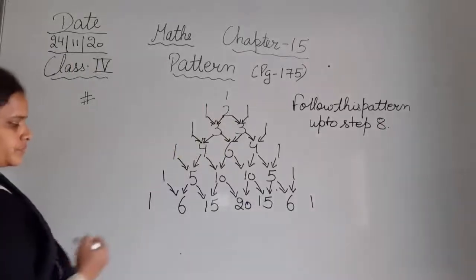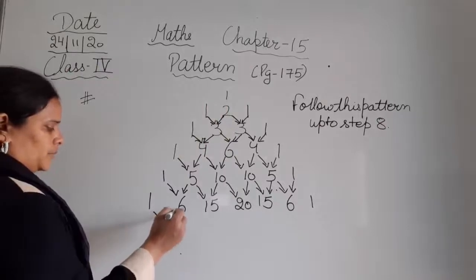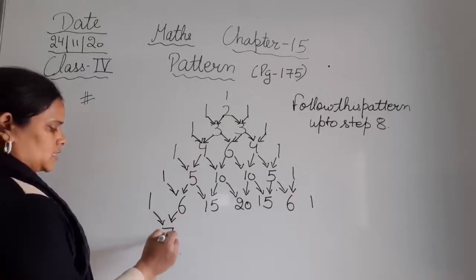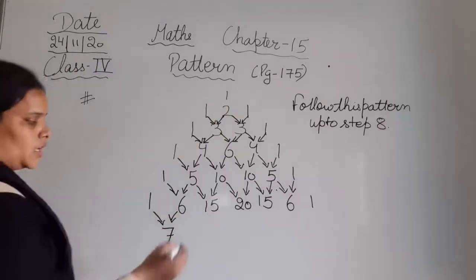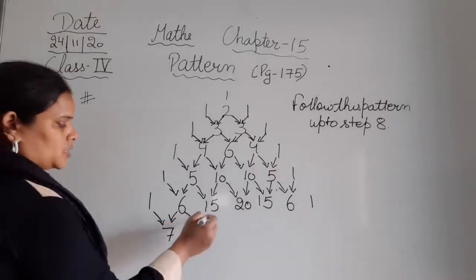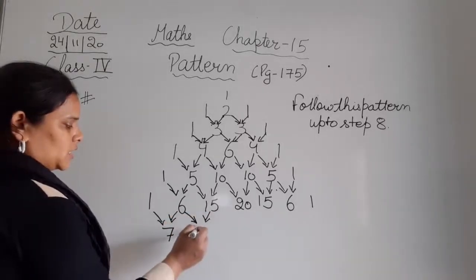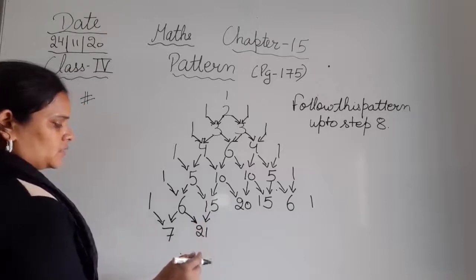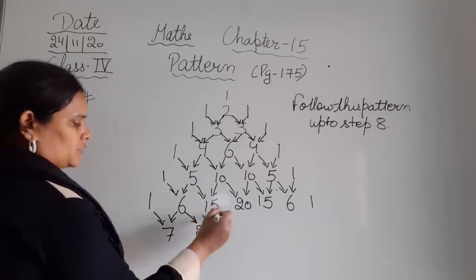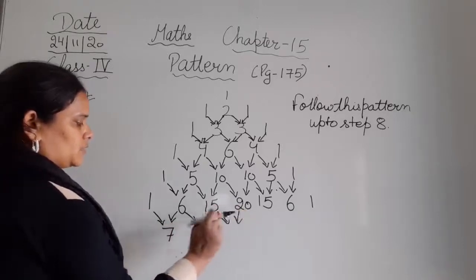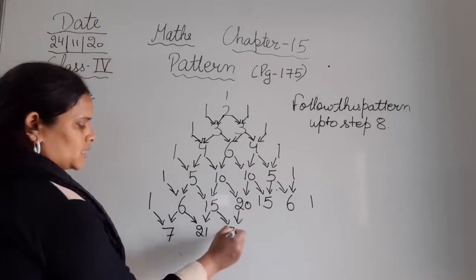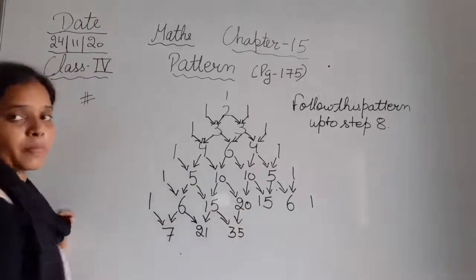Okay, now 1 plus 6, 7. 6 plus 15, 21. 15 plus 20 is 35.